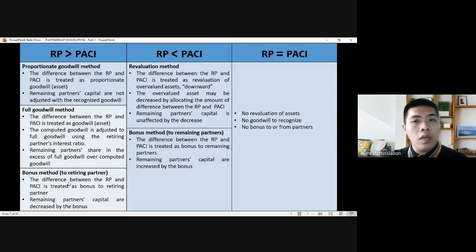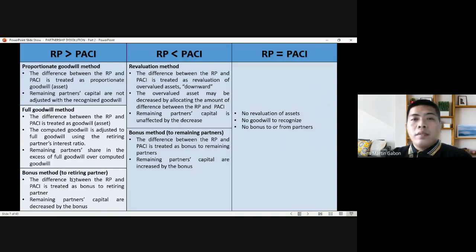In the bonus method, the bonus will refer to the retiring partner. However, if the retirement price is less than the partner's adjusted capital interest, only two methods are applicable: revaluation method and bonus method. The bonus method will refer to the bonus to remaining partners.